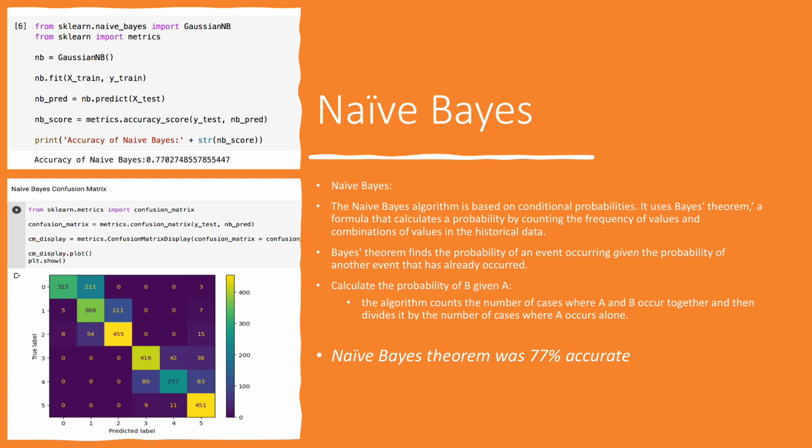Going down, this is just a full look at the data. The diagonals on this confusion matrix are our true positives. So that means the classifier correctly identified which activity is happening. So we can see activity 0 was predicted 323 times, and those were correct. We want to see the most yellow and green.